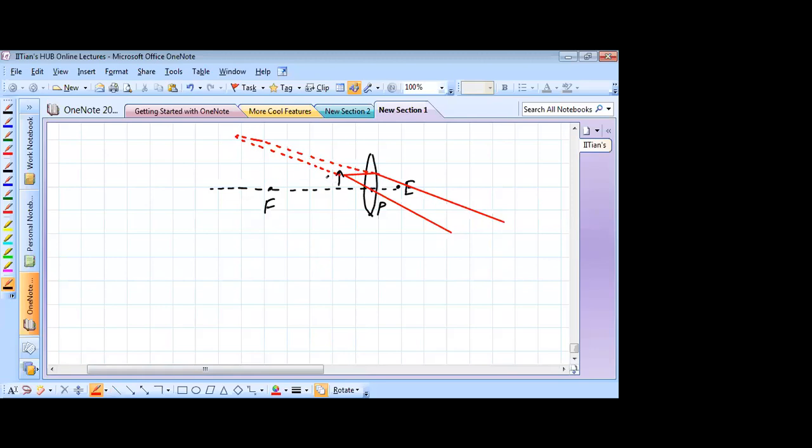If this object was h, it will show a magnified, upright, virtual image. But more importantly, this image that you're getting at the eye has an angular size. Now ignore the distance between the eye and the lens. So it has an angular size which is this theta, the same as this theta.